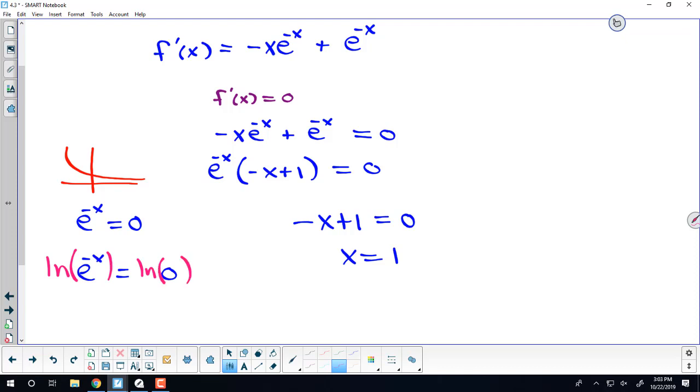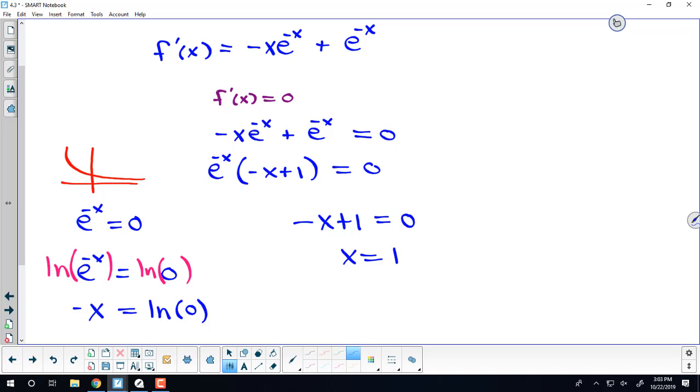Can we take the natural log of 0? No. So you end up with negative x equal to something that you can't define. What that means is that there is no solution to the original equation, because you end up with something that's not meaningful here. But in general, any exponential is never 0. You've got to remember that, I think, is the easiest way to remember it.